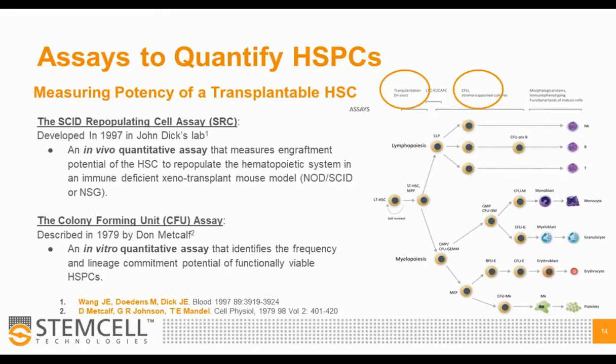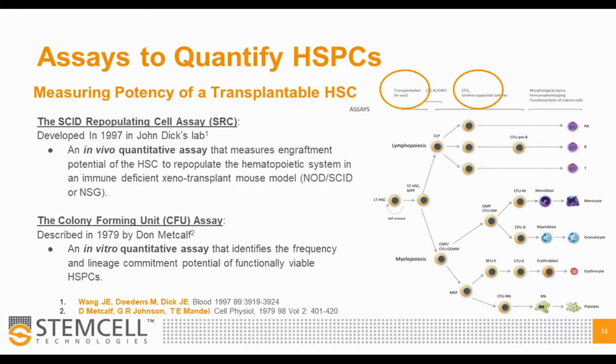So it's named after the original strain that was used, which was NOD-SCID. Today, however, there's been a lot of improvement on that strain, and you can get all kinds of versions of what we call NSG mice now that work in the same way.